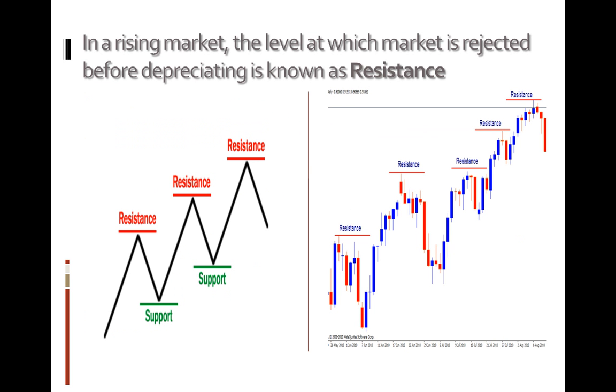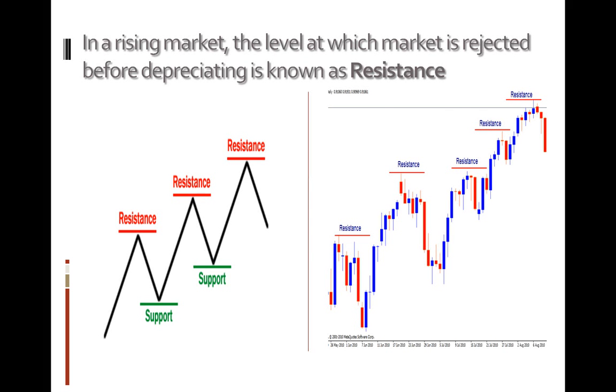Now let's look at what resistance is. In a rising market, the level at which market is rejected before depreciating is known as resistance. In other words, resistance is a price level that bounces price back to support level.